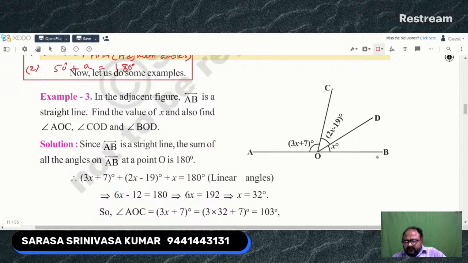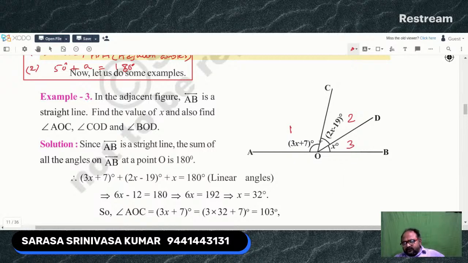AB is a straight line. On this straight line, two rays are standing. Hence, you can get three angles. Now, for our convenience, I would like to write this. This is angle 1, this is angle 2, and this is angle 3.